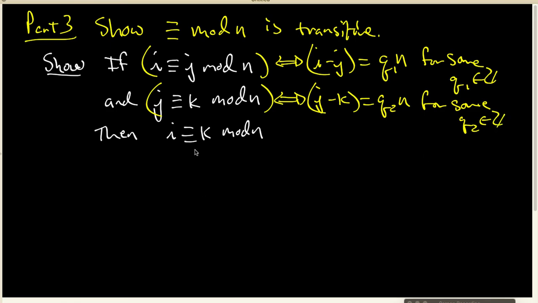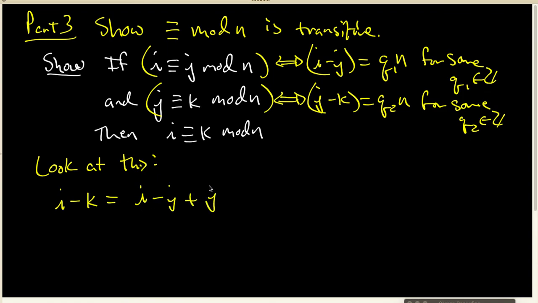And what I'm now going to do is look at I minus K. So let's look at this. I minus K is the same thing as I minus J plus J minus K, and I can certainly put parentheses here.